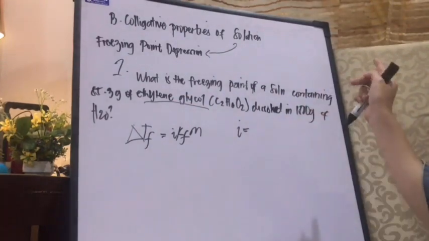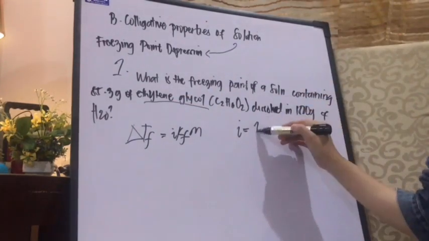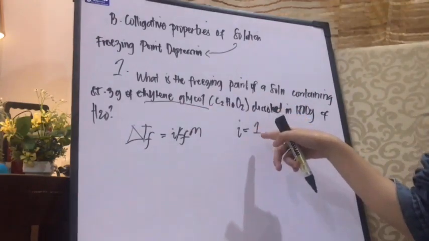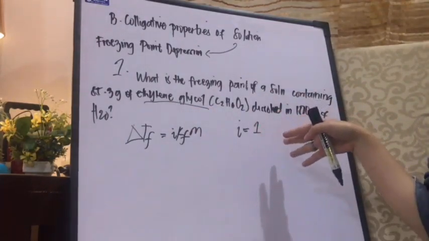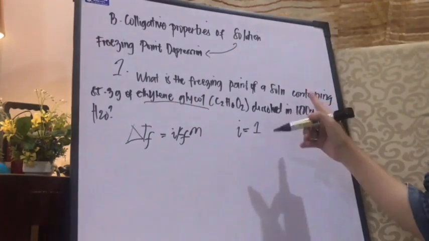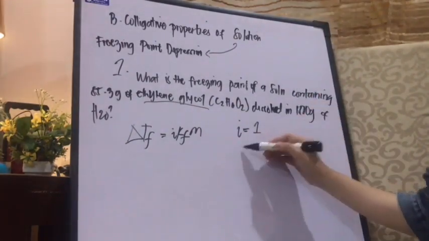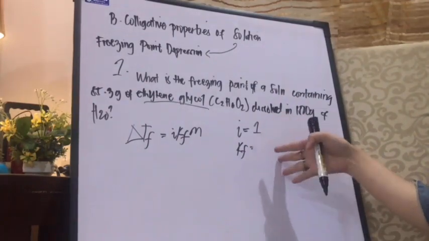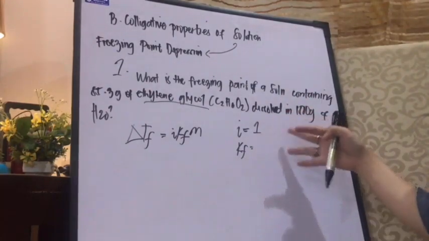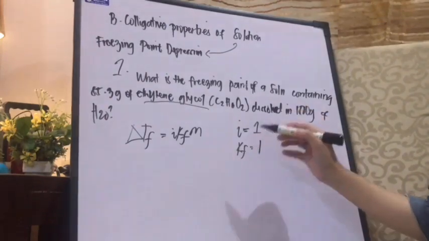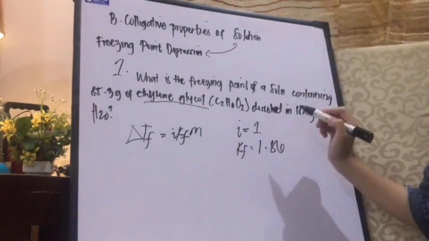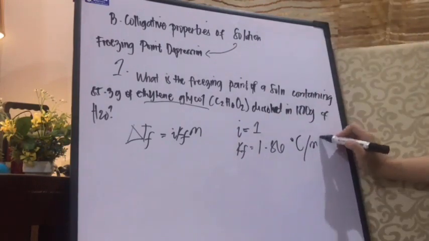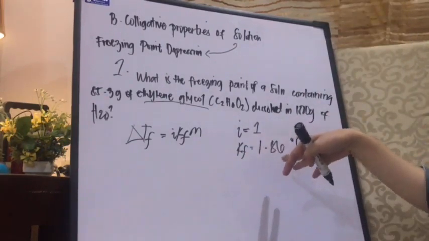So i equals 1 because C2H6O2 is a molecular solid and will not dissociate into other particles besides the one particle. K sub F is the freezing point depression constant, and for water it is 1.86 degrees Celsius per molal. So yan, ganyan lang yan siya.